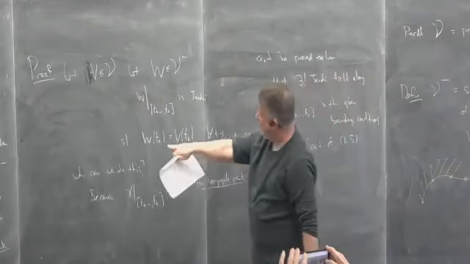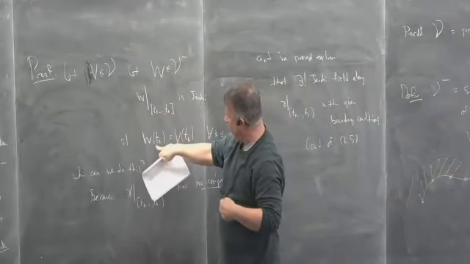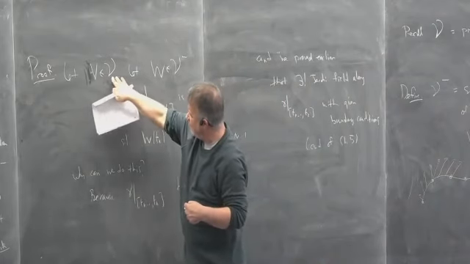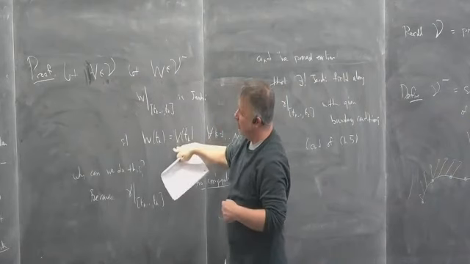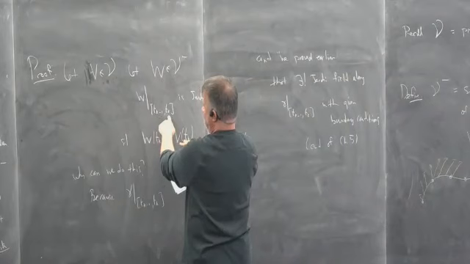Okay, so I know that W is in script V, so it has to vanish at 0 and at A. I started with some vector V in script V, so I'm choosing W in V minus. What is V minus? It's the things that are Jacobi fields along each of these pieces, right?